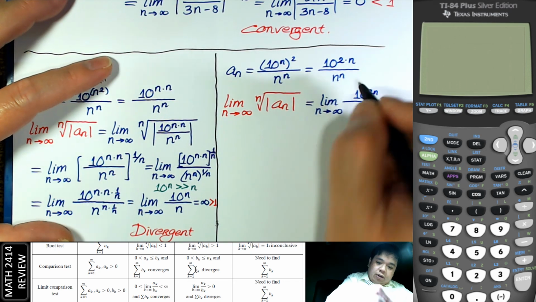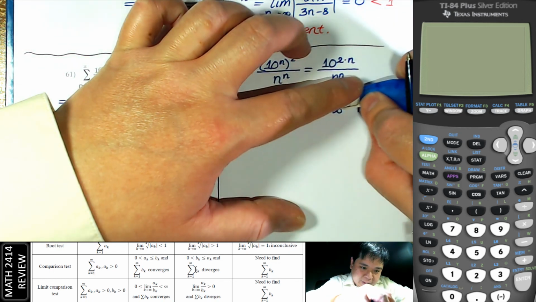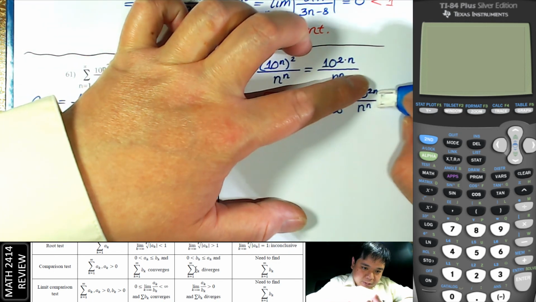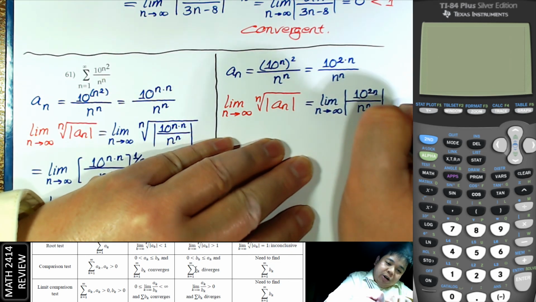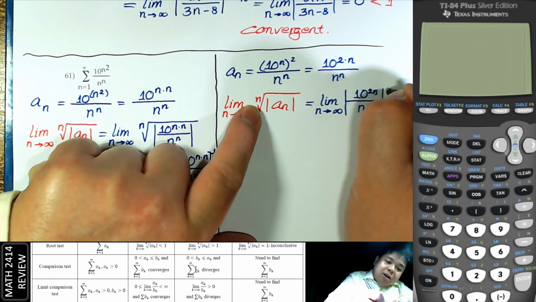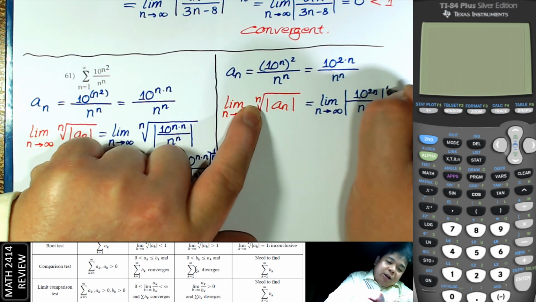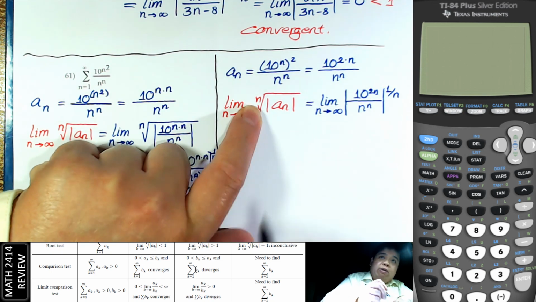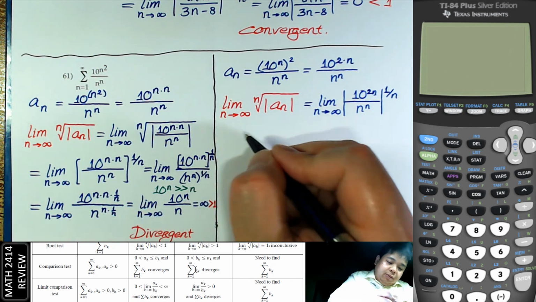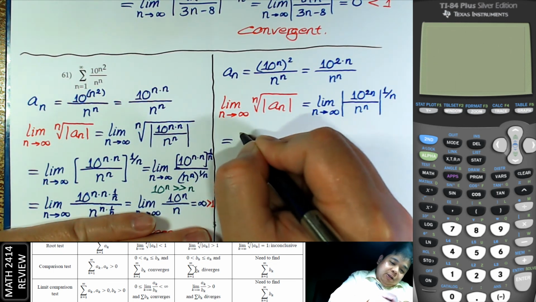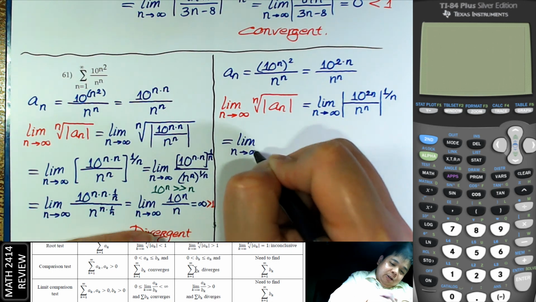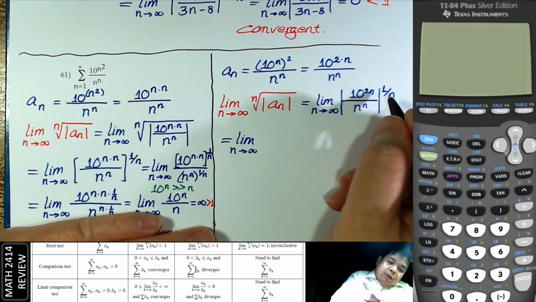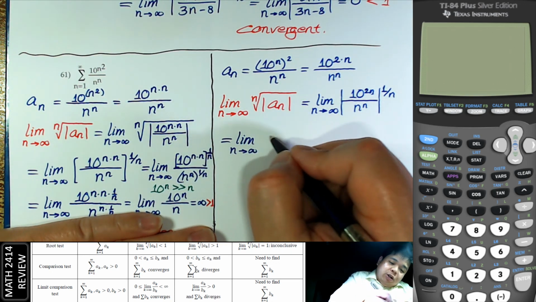Oh, I forgot. Whether we put absolute value or not, it doesn't really matter here. But the n root we can say is to the 1 over n power. Right, so that power goes to the top.